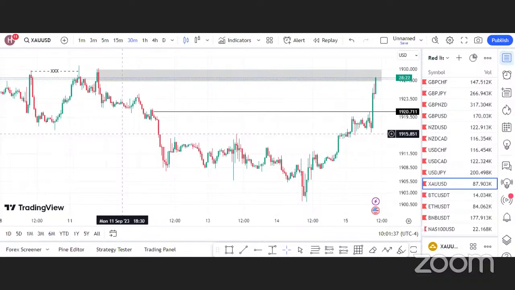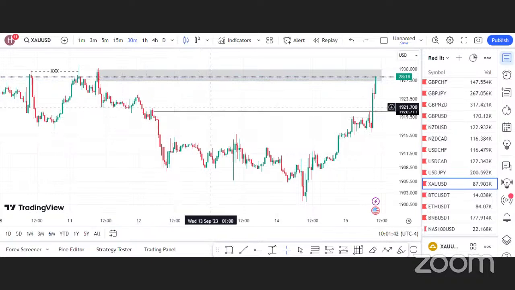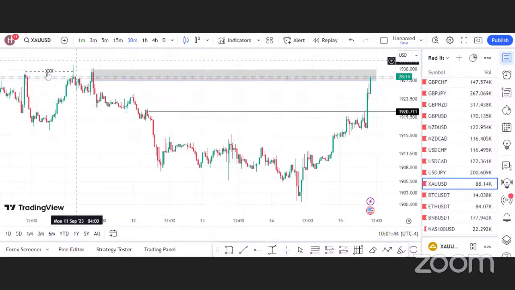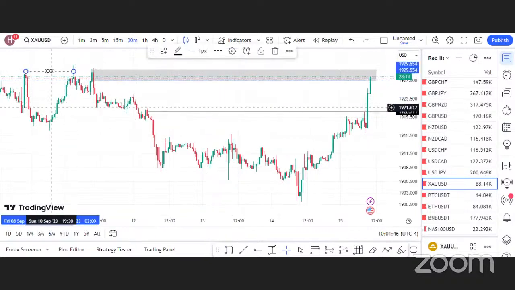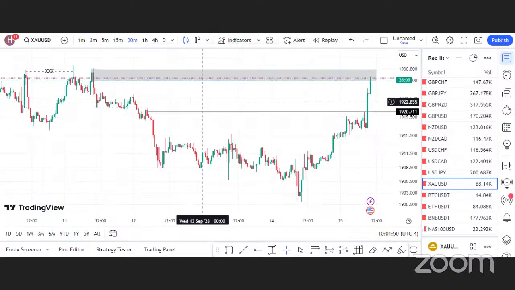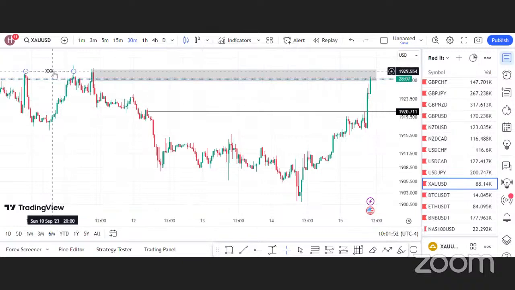You see what is going on in the XAU USD? I want to enter once again, but I'm waiting for a confirmation. I'm waiting for a proper confirmation.